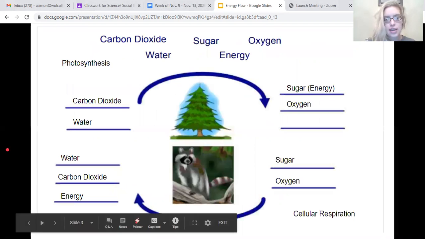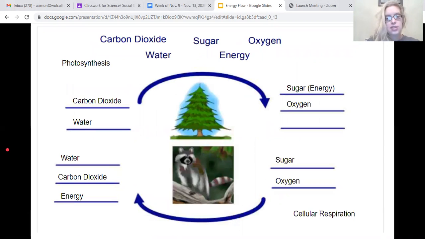If we look at this, we know that this top picture is going to be photosynthesis because we're talking about a plant. Let's think back to what we need for photosynthesis to occur. We put in carbon dioxide and water, and what we get out of photosynthesis is that sugar, which is the energy, and oxygen.